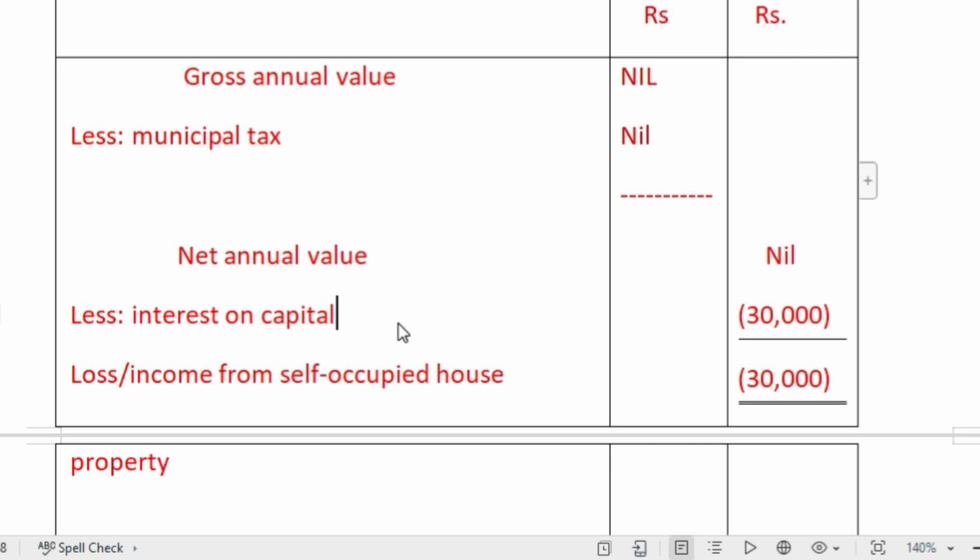This date has significance in the computation, in the allowance of deduction in respect of interest on capital. So we have to consider the date of loan borrowed for the construction of house property, in the case of self-occupied house property and in the case of let out house property.